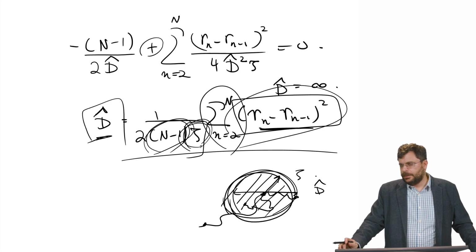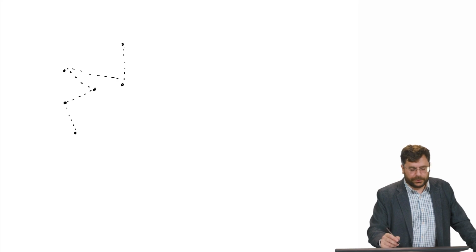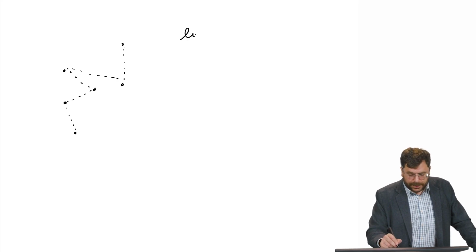Let's ask something a little bit more complicated now. Suppose that I observe my particle at various different points in time. And from this, I'd like to estimate a diffusion coefficient. So I'm going to do the same thing and write down my likelihood.